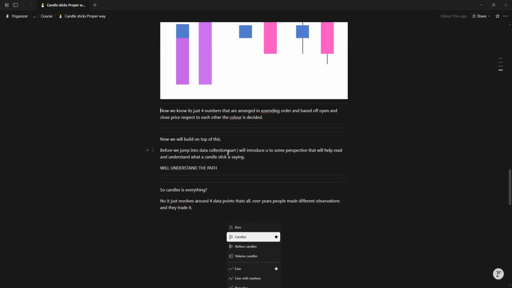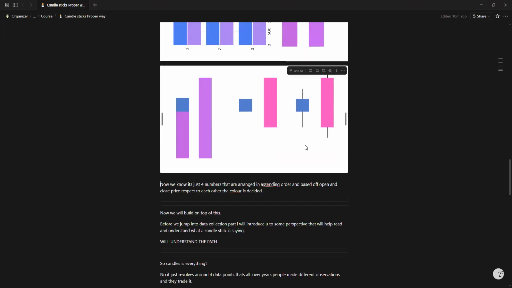Before we jump into the data collection part, I will introduce you to some perspective that will help you read and understand what a candlestick is saying. This is one of the most crucial parts: how to read a candlestick. Instead of jumping into the stock market, how about I use a random real life example that has exactly four data points instead of price points.